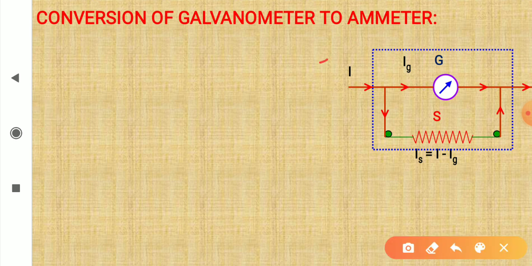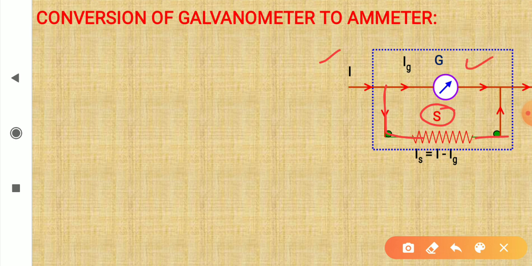If I is the current, then we connect a small, very small resistance in its parallel. This is called shunt. It is like providing a bypass to a current, no?